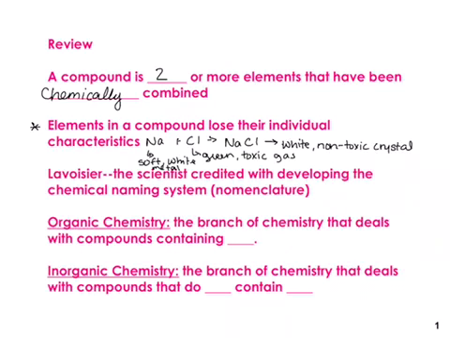Lavoisier was the scientist that gets credited with developing this naming system. We call a naming system nomenclature. And so when we have this naming system, we look at two different types of chemistry, and the names of these chemical compounds are based on which type of chemistry they fall under.